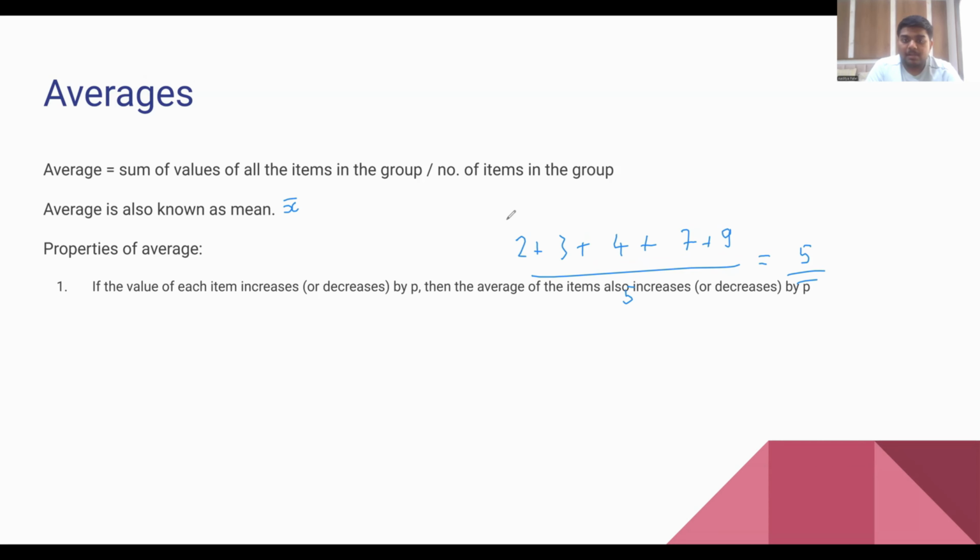For example, if you do plus 1 in all the values, then average will also become 5 plus 1 is equal to 6. And if you do a minus 1, then average will reduce by 1. But the increase or decrease has to be done over all the values in that set of numbers.